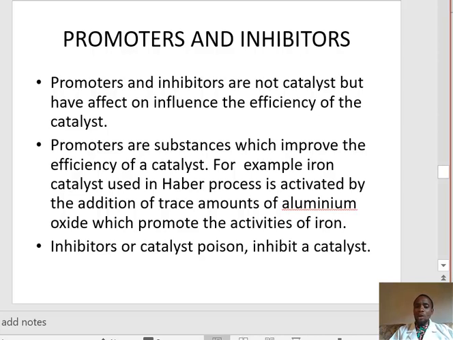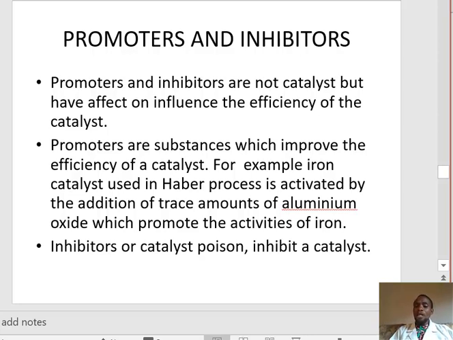For example, the iron catalyst used in the Haber process is activated by the addition of a trace amount of aluminum oxide, which promotes the activity of the iron. In that case, iron is the catalyst, but the aluminum oxide added to it during the Haber process is a promoter which promotes the efficiency of the iron.